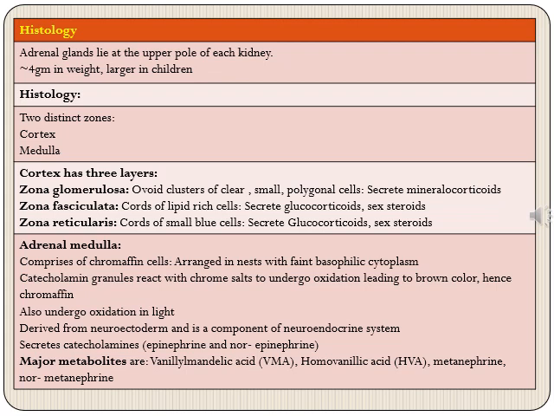So the hormones expressed by the cortex are mainly mineralocorticoids, glucocorticoids, and sex steroids, whereas the adrenal medulla expresses epinephrine and norepinephrine. Because of that, the various diseases of cortex and medulla have different presentations.